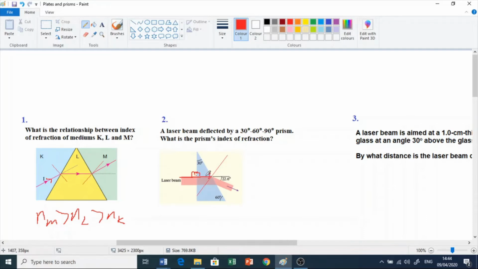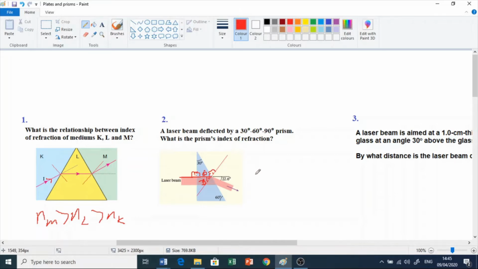It means this will be 60 degrees. Here is the 90 degrees again. This normal is making 90 degrees with the surface. What will be this angle? The angle of incidence. How many degrees is this light ray making with the normal? See, this was 60 degrees, and since the total should be 90 degrees, this will be 30 degrees. The angle of incidence is 30 degrees.